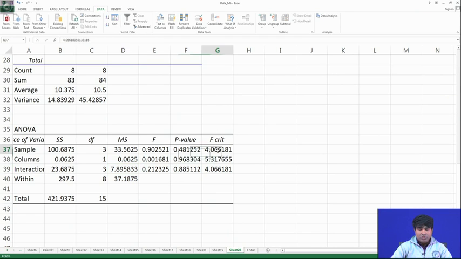So, these are all the F critical values corresponding to particular alpha levels, and this is the F calculated, compared to these criticals. So, we are not in a position to reject for the sample, that is the factor 1 case, and in the case of factor B also we are not in a position to reject, and again for the interaction we are also not in a position to reject.